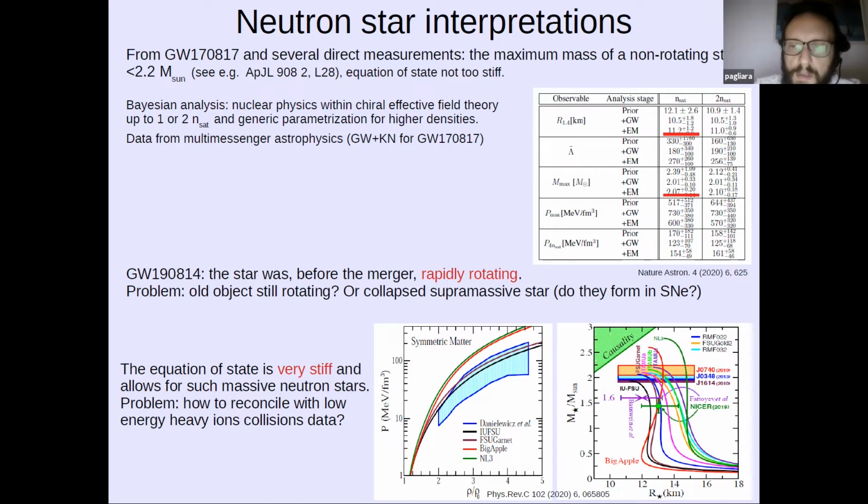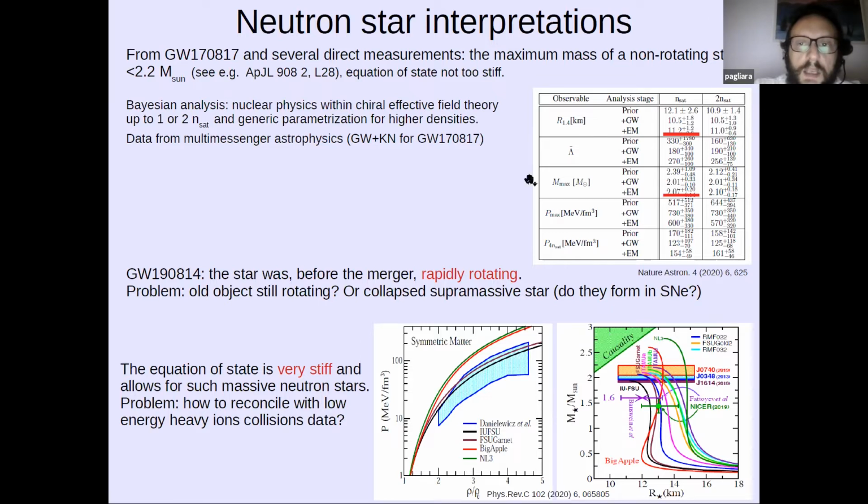That means that the equation of state is not too stiff, let's say, okay? Because such a small radius is pointing towards soft equations of state.